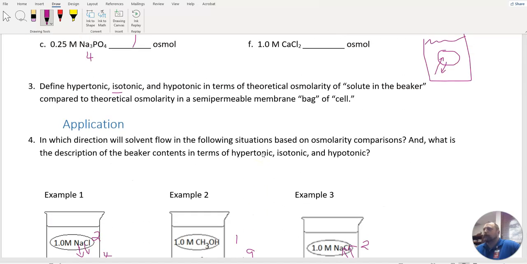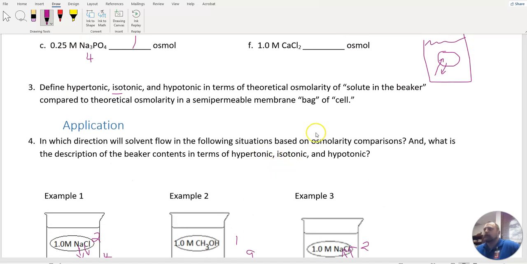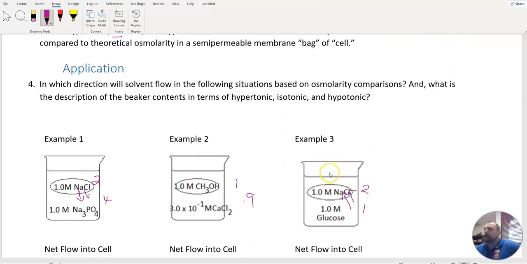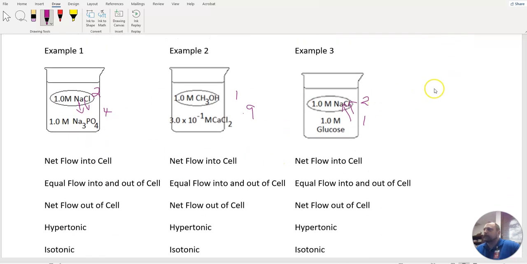I'm looking for my red blood cells. I don't see any of those drawings, but we also have the same situation with red blood cells, and so I'm going to draw 3 of my red blood cells, and we'll discuss it real quick. So if the solution on the outside is more concentrated, the water will come out. So more concentrated here, I'm looking at hyper.